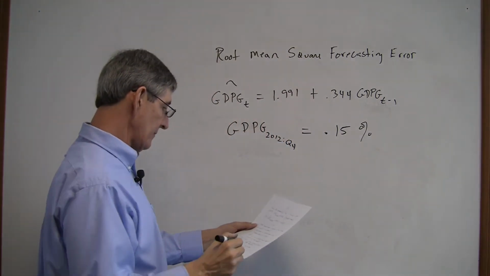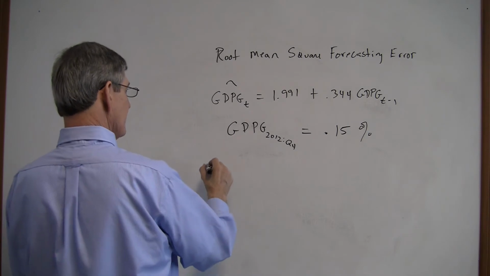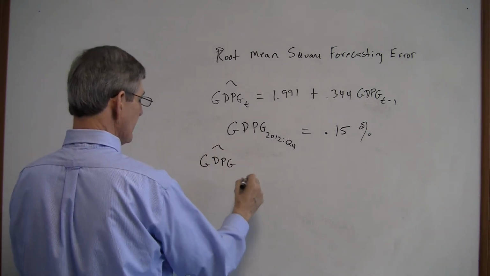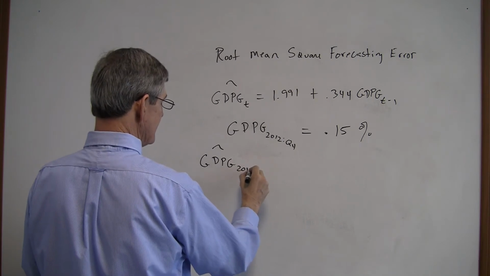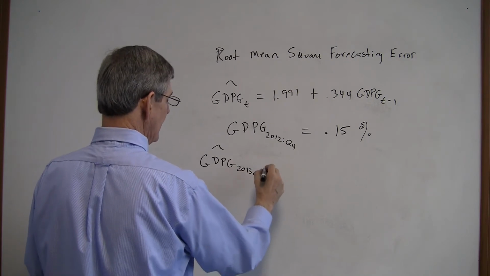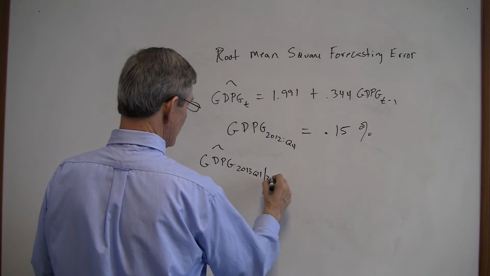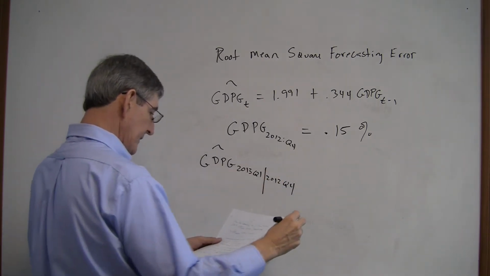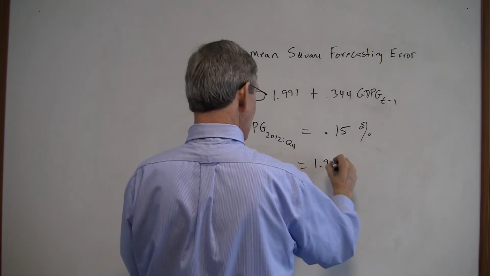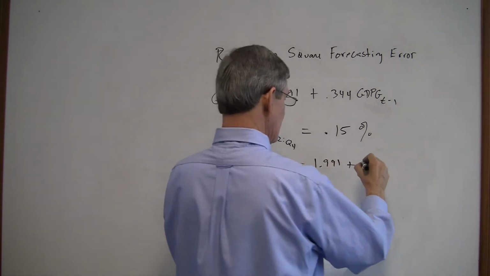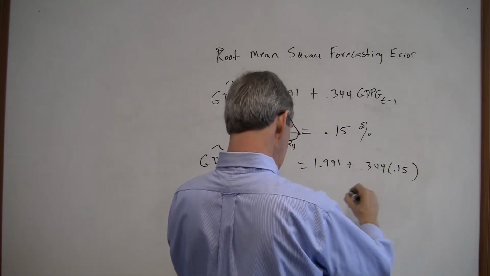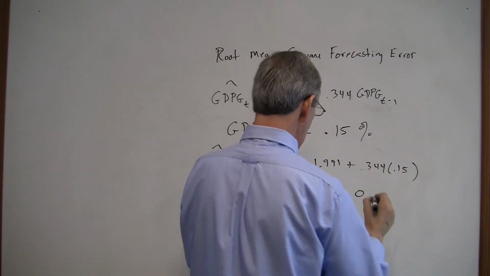Not very strong. So if you forecast GDP growth hat 2013 Q1 given 2012 Q4, because we've estimated the model through here, it would be 1.991 plus 0.344 times 0.15, and then you'd get 2.0.